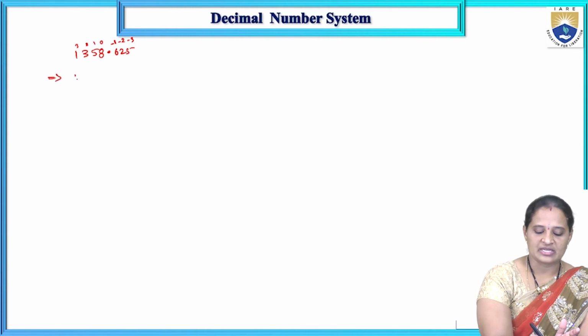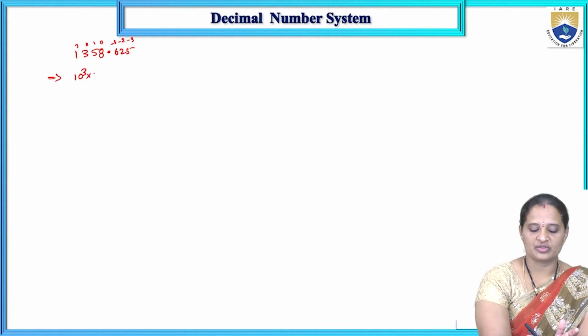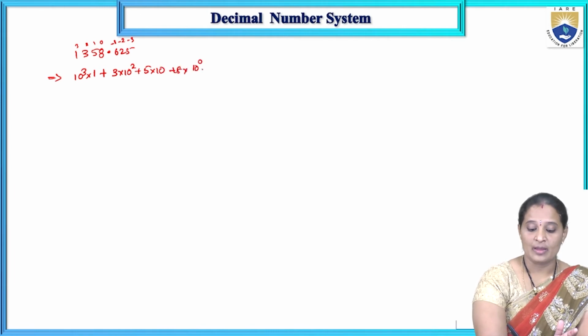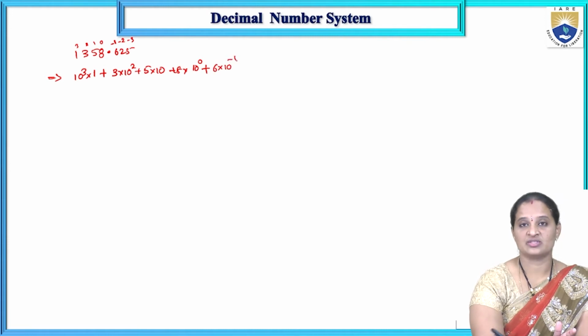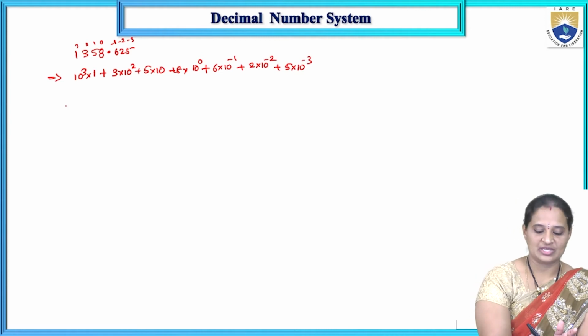It can be represented as 10 power 3 into 1, plus 3 into 10 square, plus 5 into 10, plus 8 into 10 power 0, plus 6 into 10 to the power of -1, plus 2 into 10 to the power of -2, plus 5 into 10 to the power of -3.